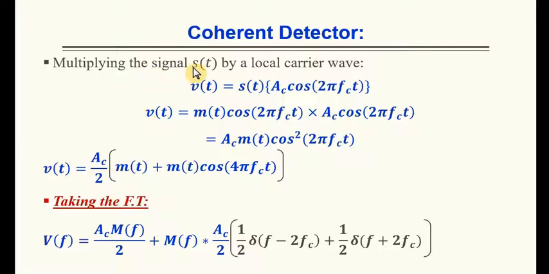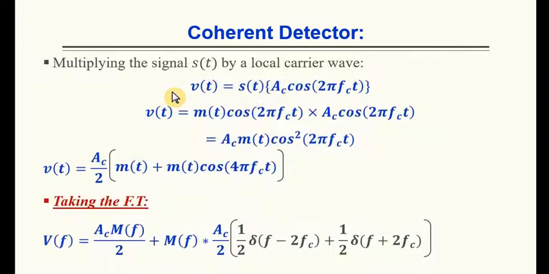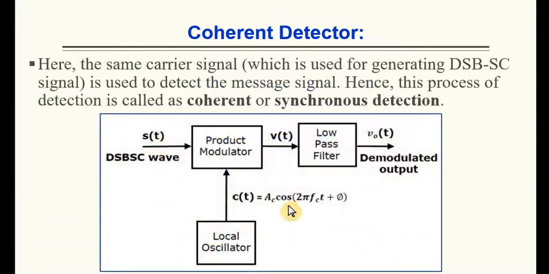So we multiply the signal S of t by the local carrier wave.